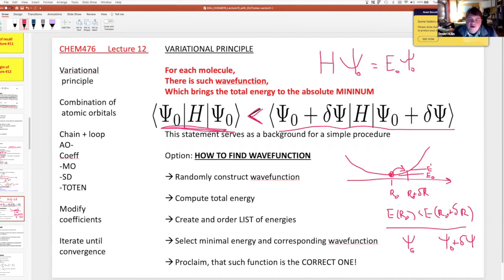So let me ask Sarah, how would you formulate a variational principle if a cashier in the store asks you what is the variational principle? What would you answer? I'm not sure about this. Any system takes the minimum of energy, right?